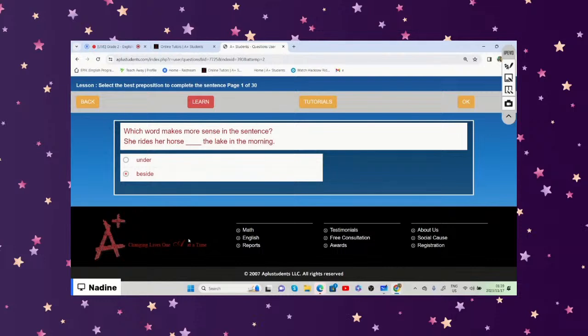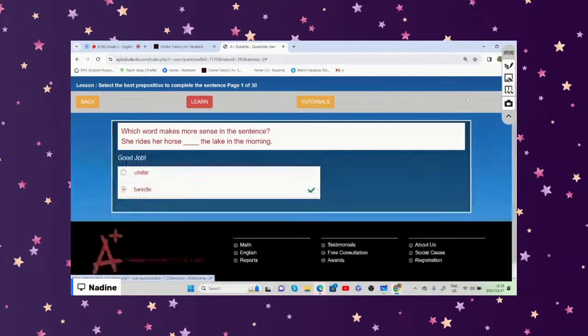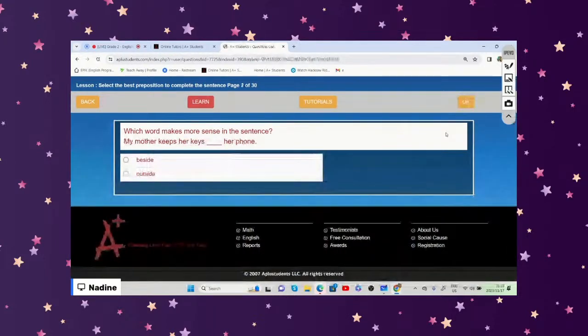It's basically like beside or next to. So we can say beside the lake. And beside is correct. Yes, beside is correct.